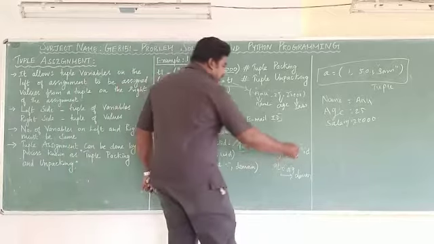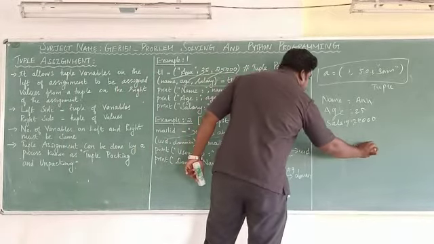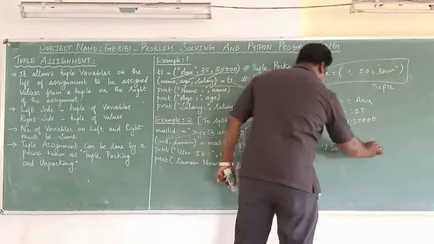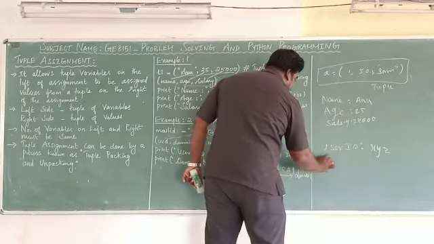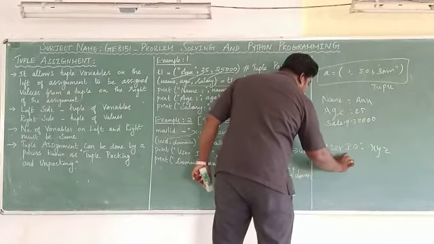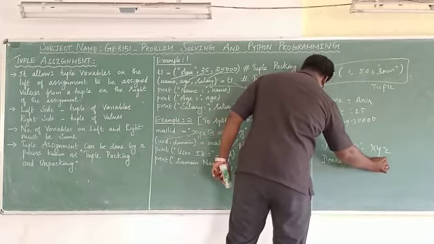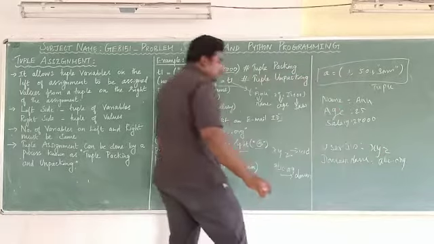So it will print user ID colon, what is UID? xyz, that is user ID. Then domain name equal to abc.org. Like that you will get the output.